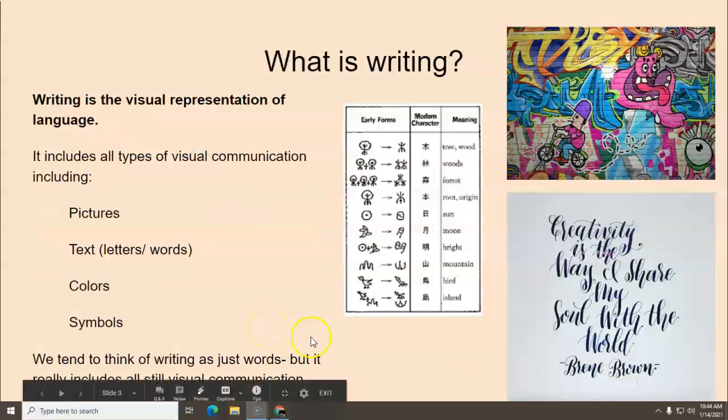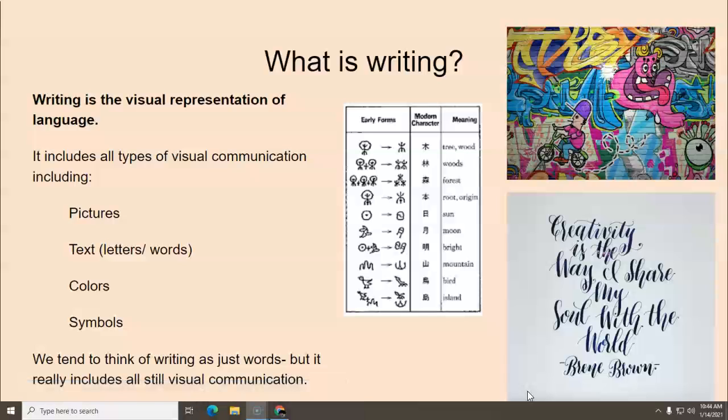So what is writing? It's visual representation of language. It includes all types of visual communication: pictures, text, which is letters and words, symbols, colors. We tend to think of writing as just words, but it really includes all still visual communication.